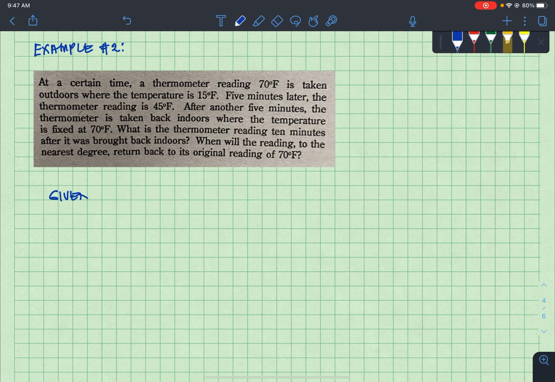For our given here, since there are two environments, we could use T1 for the temperature of the thermometer. This one is taken outdoors, so that would be T sub M1, the temperature of outdoor.